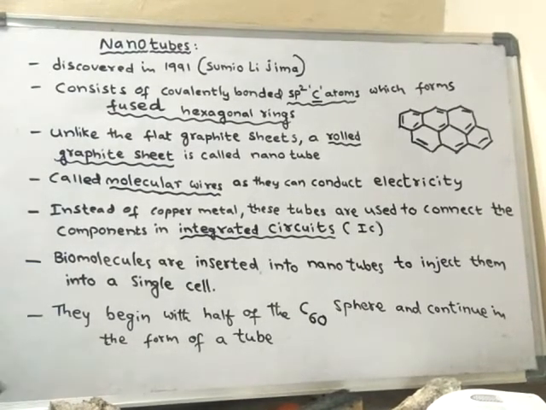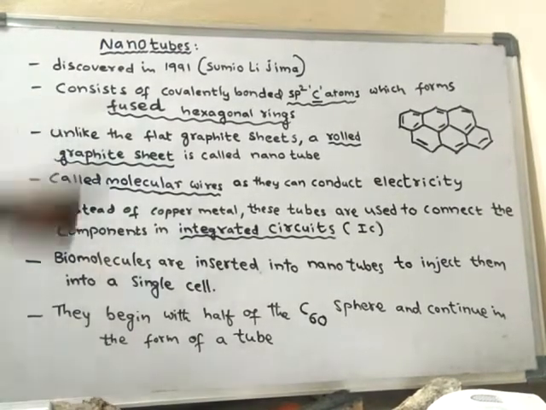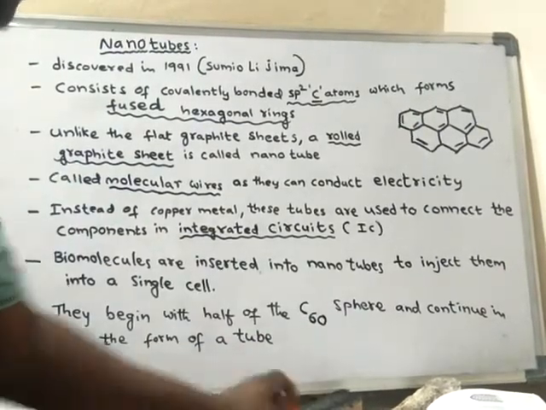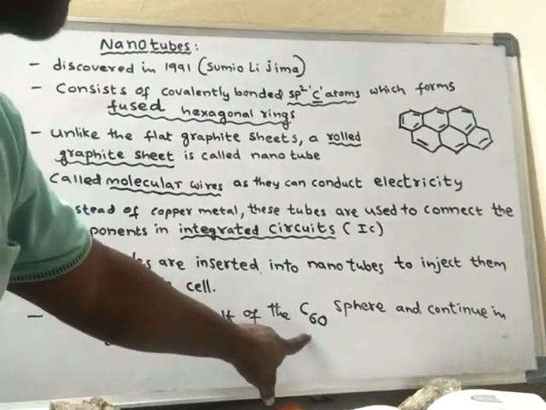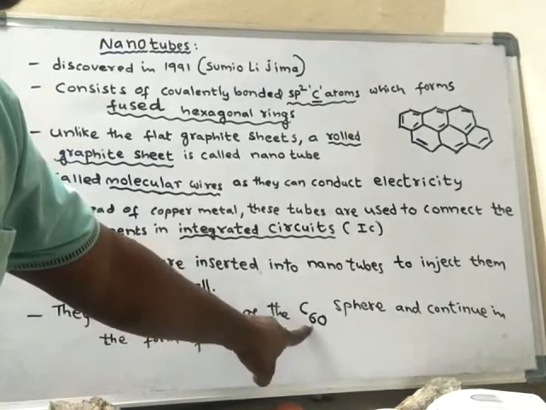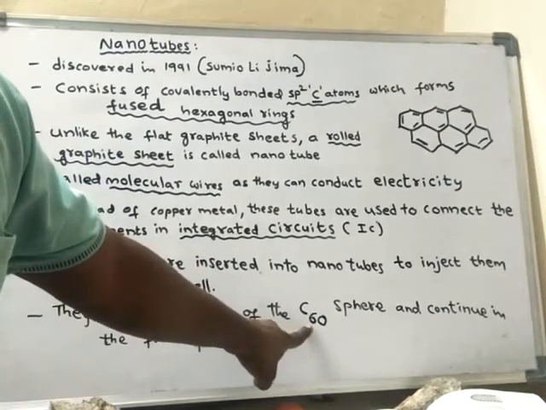And look here, these nanotubes begin with half of the C60 sphere. What is C60? We have already seen it: Buckminster fullerene, one allotrope of carbon.